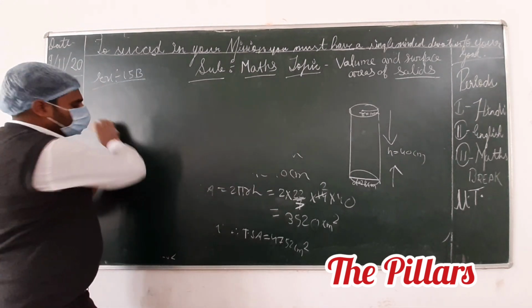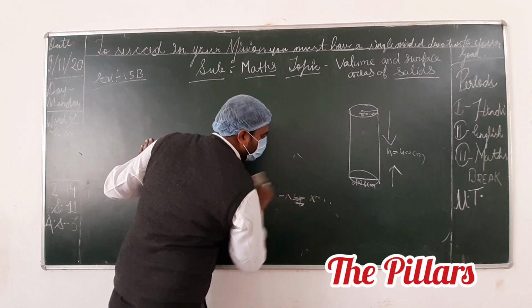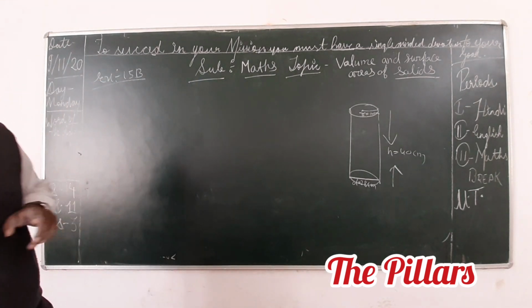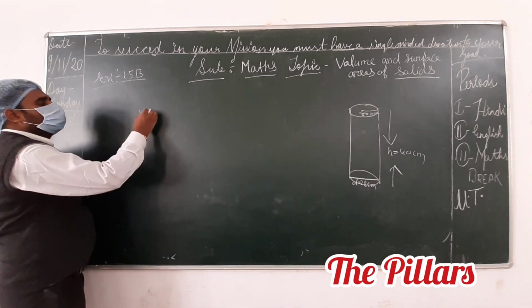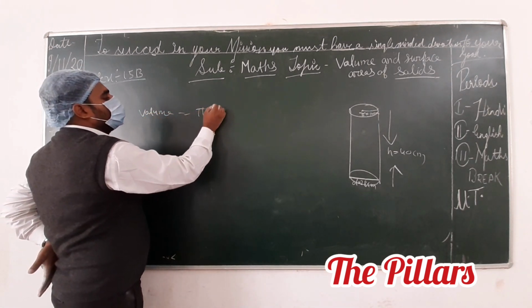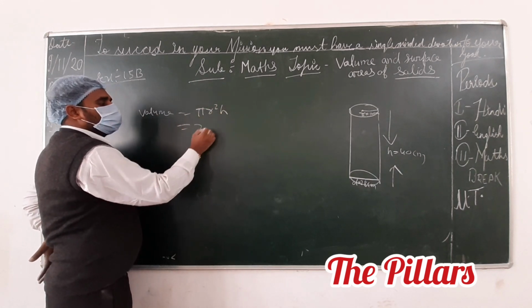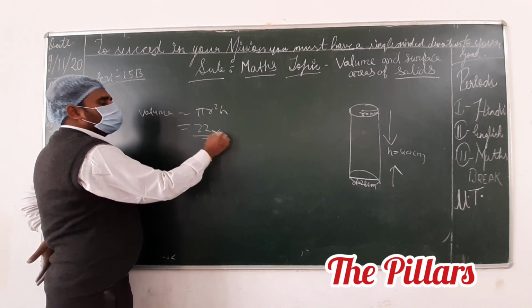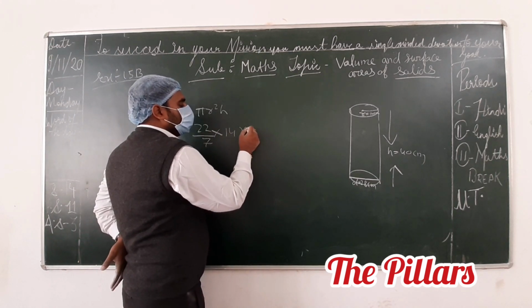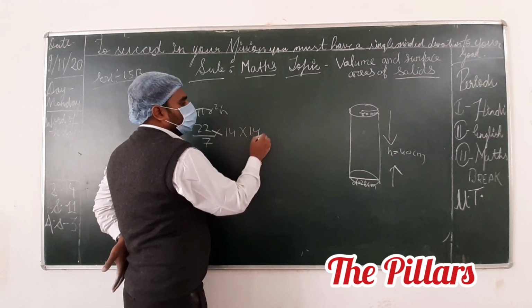After that we have to discuss the volume. Volume of the cylinder is pi r square, and the value of pi is 22 by 7. The value of r is 14, so 14 into 14 into 40.